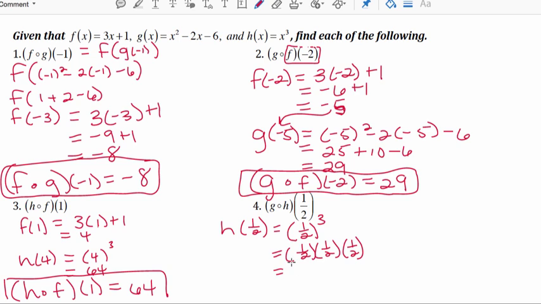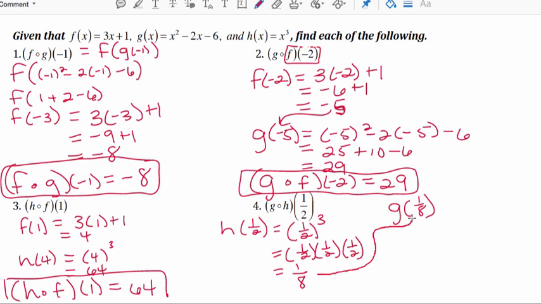And when you multiply fractions, you multiply straight across. And so we're going to have 1 over 2 times 2 is 4 times 2 is 8. And now I'm going to take that 1 over 8 and I'm going to substitute it back into g. So we'll do g of 1 over 8.